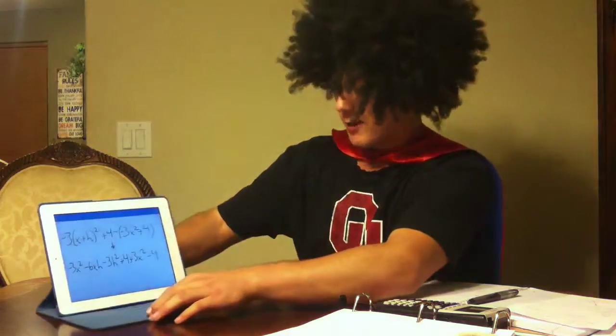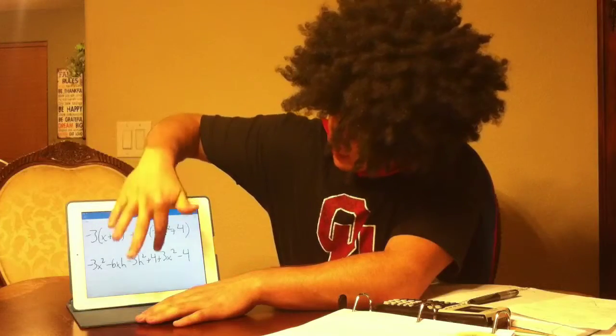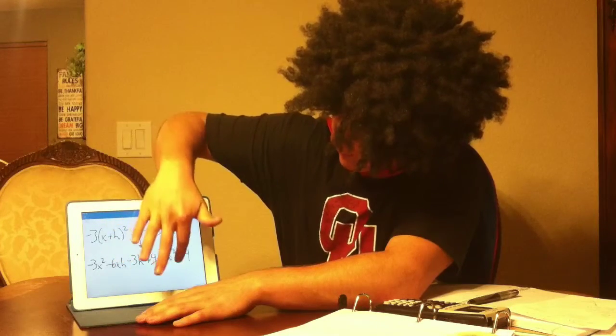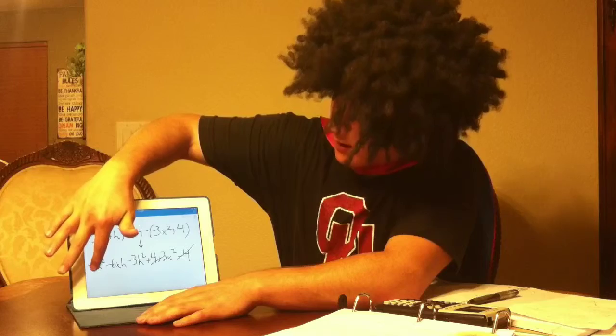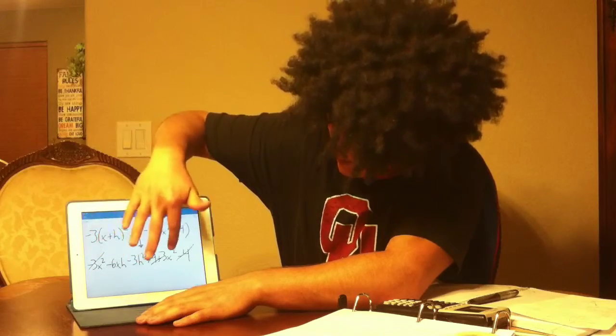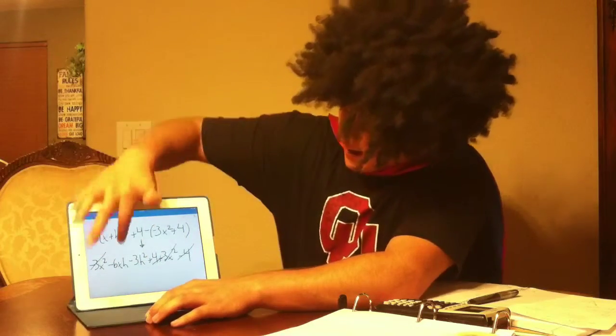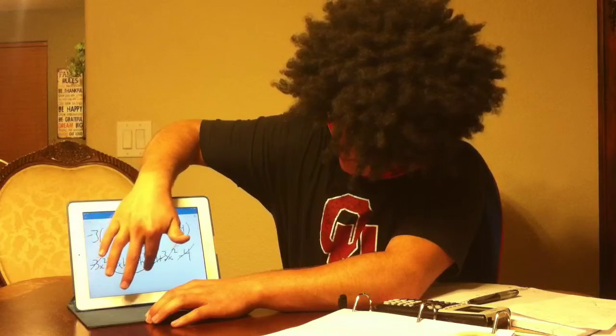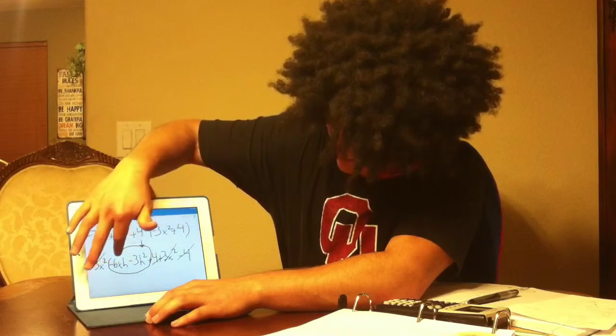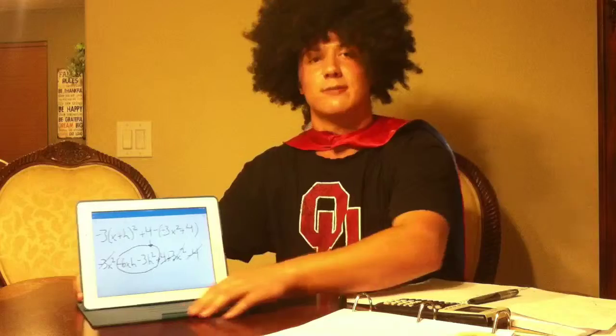And as you see, we're going to be able to cancel out here. You see that we can cancel out a 4, a negative 3x squared, and a 3x squared. That leaves us with negative 6xh minus 3h squared.